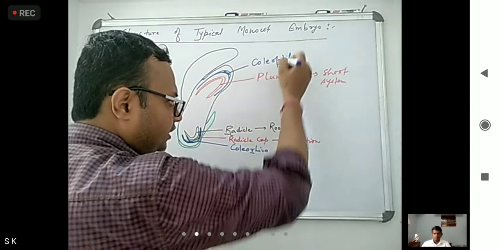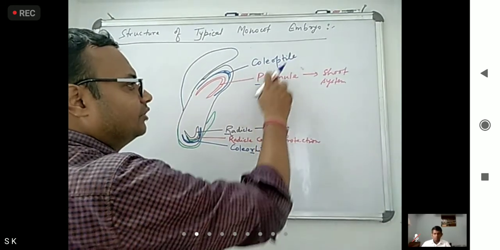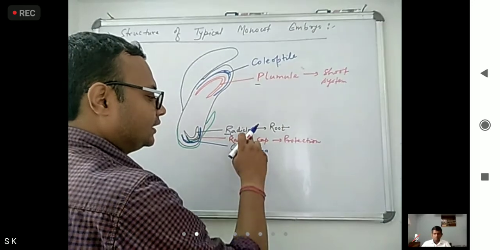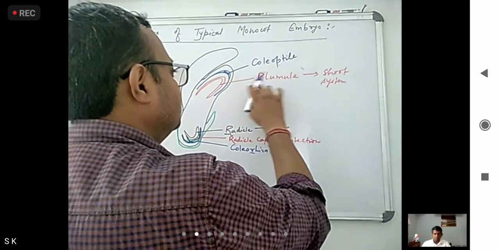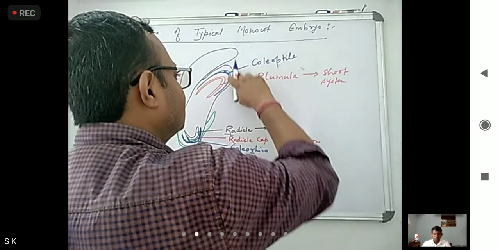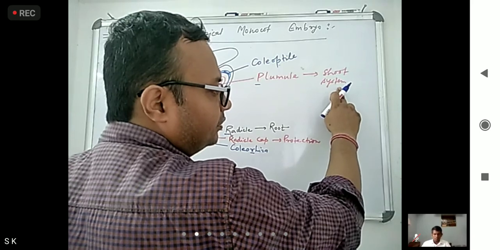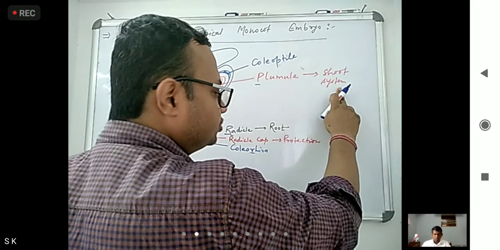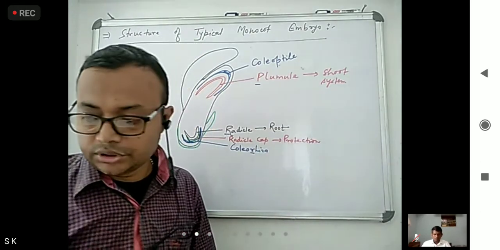See, P is there and here also P is there. So plumule is covered with coleoptile, radicle is covered with coleorhiza. That you have to remember. Plumule formation helps in formation of the shoot system. Radicle helps in formation of the root system.